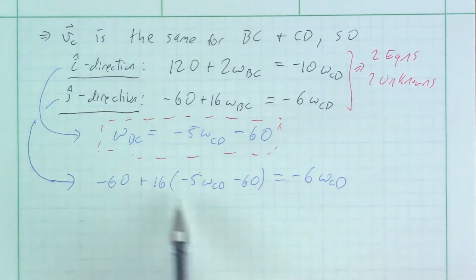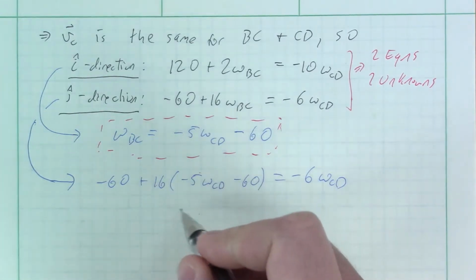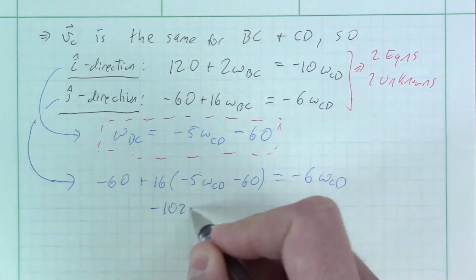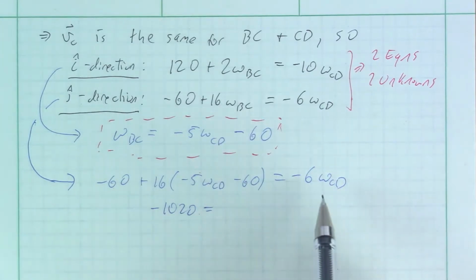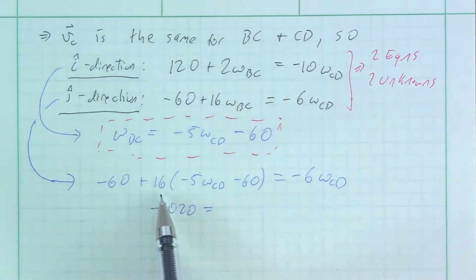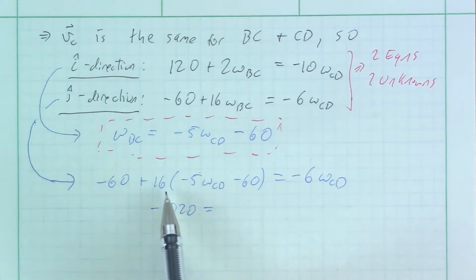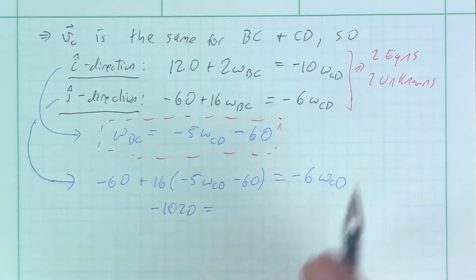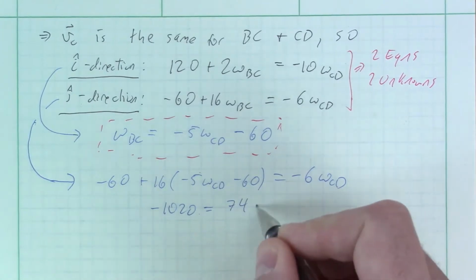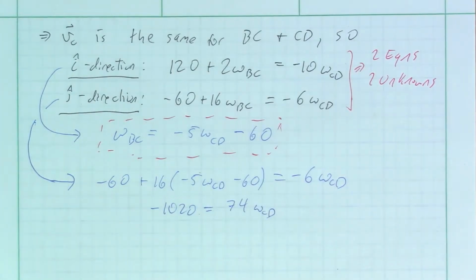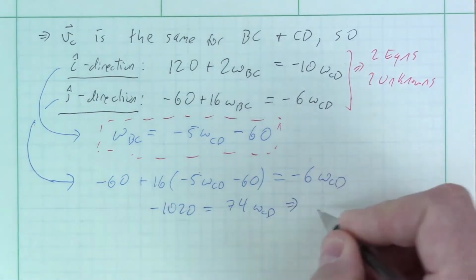So we have negative 60, but then we have a negative 16 times 60. Those two terms together give us negative 1020. And that must equal, and then we have negative 6 over here, but then we'll have a positive, what's 16 times 5? That's 30 plus 50, so 80. 80 minus 6 is going to be 74 omega CD. And then from that, we can solve for omega CD.